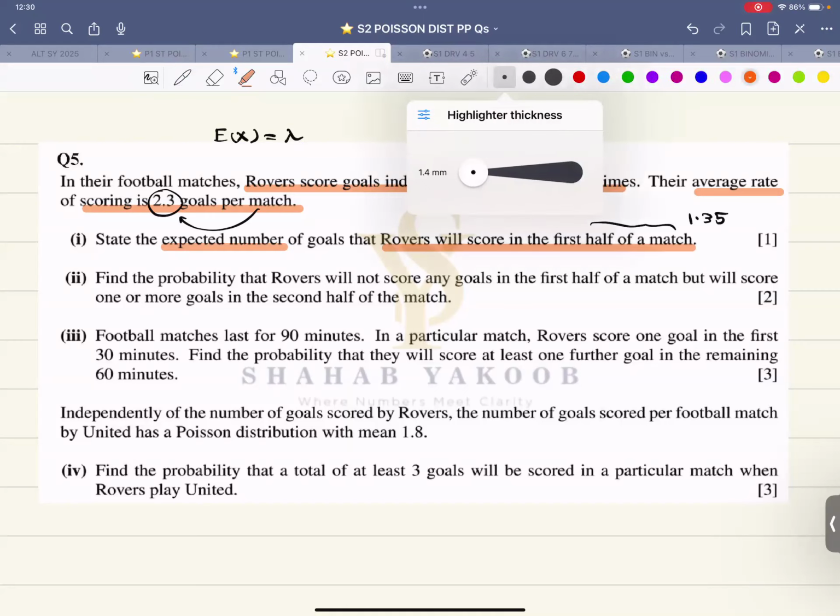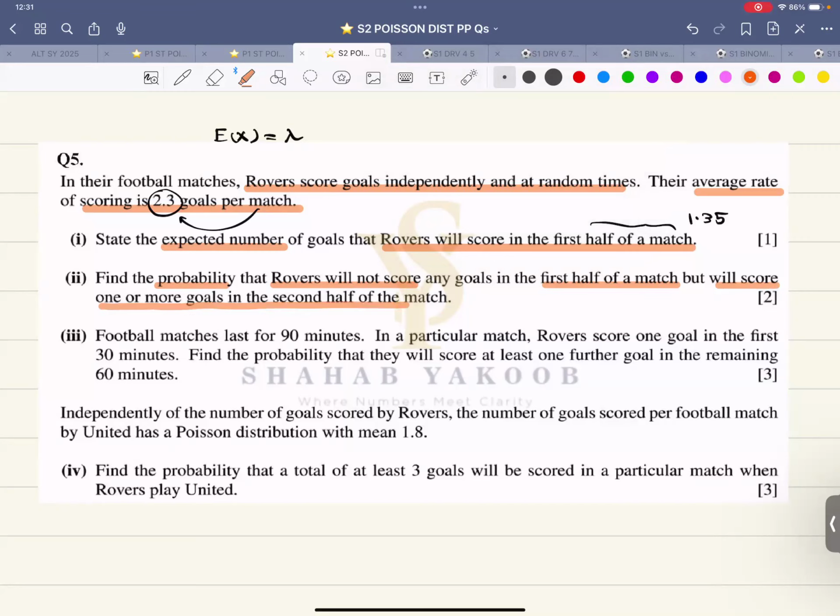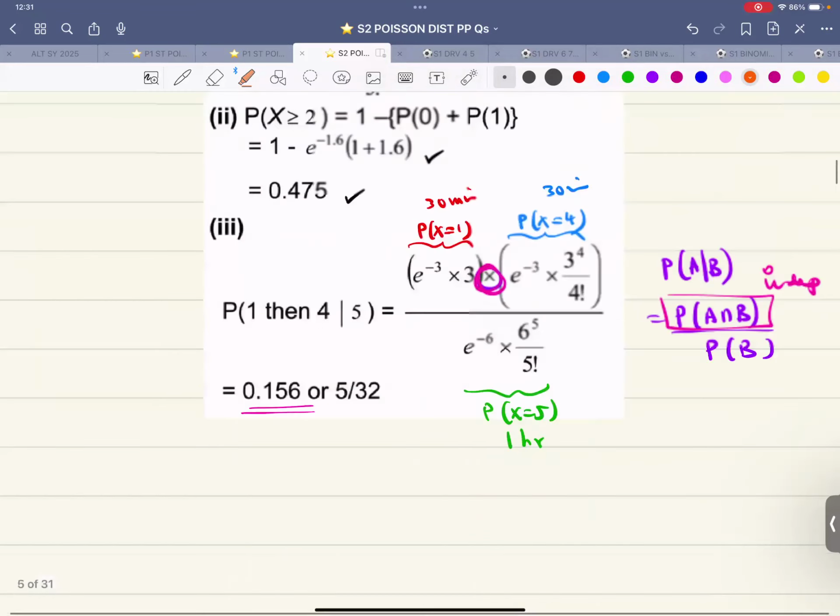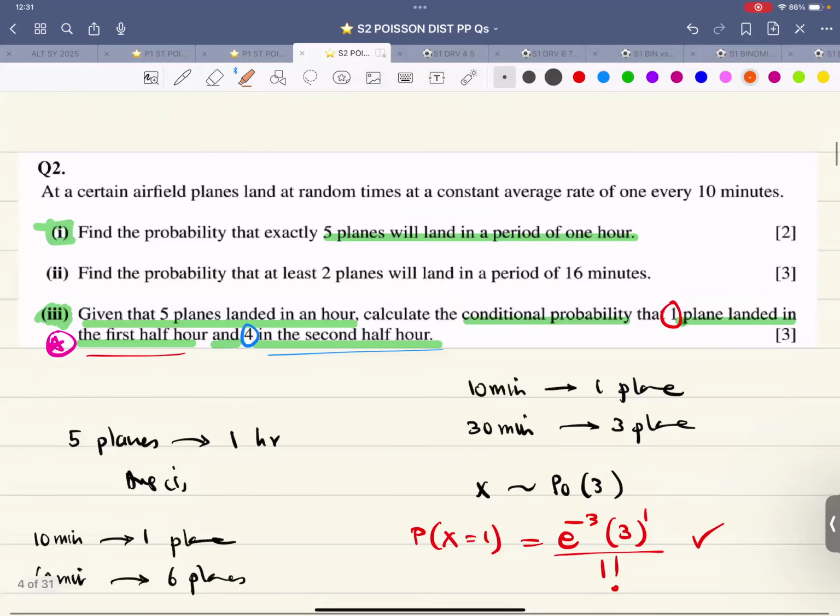Second part. Now it says, find the probability that Rovers will not score any goal in the first half of a match, but will score one or more goals in the second half of the match. Now, this is something similar to this part.